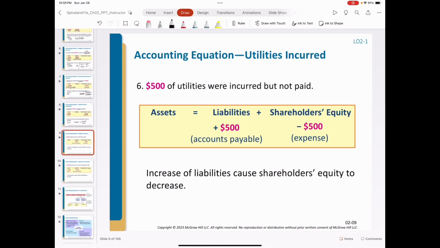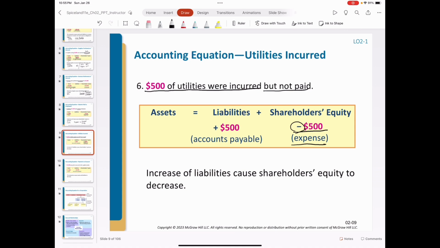Next, $500 utility was incurred but not paid. So that implies there's $500 utility expense incurred, but not paid. That means the payment is deferred. First, the expense: similar to the salary expense, we will recognize $500 expense, which reduces the stockholders' equity. So here is a negative sign.